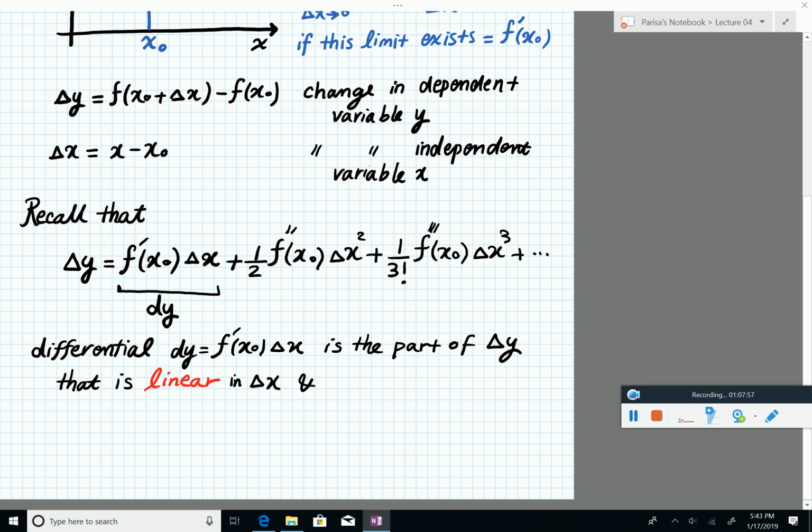And what else can we say about differential? It's also evaluated at a particular point, right? It has some ties to that point x naught. So it is evaluated around, in the neighborhood of x naught.